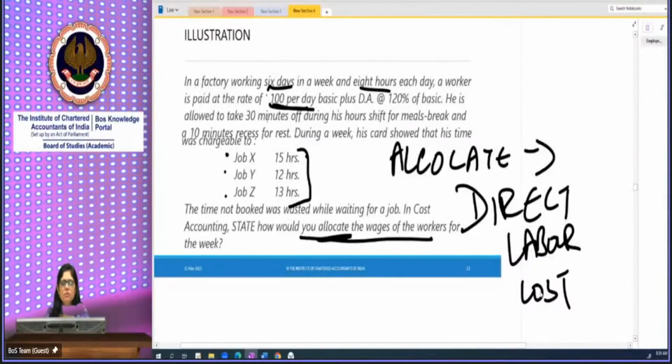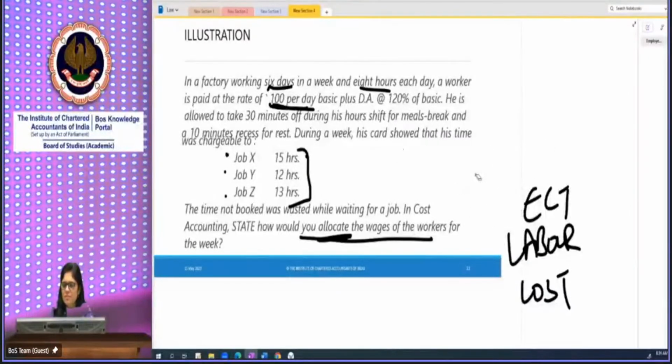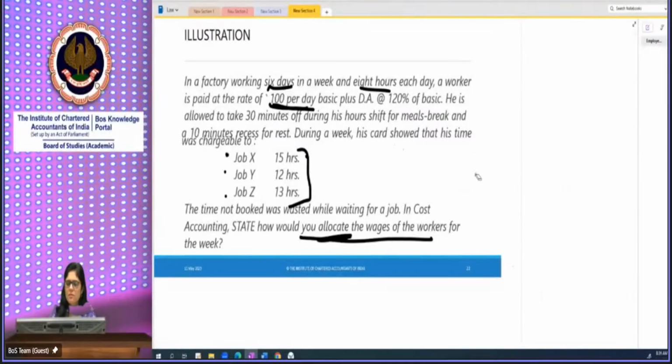All right. So during a week, his card showed... we have to calculate. Basically, the information is for 1 week of 6 days of 8 hours per day. Clear? So students, whenever we have to allocate the wages, we should always have the rate per hour. So the cost per hour.